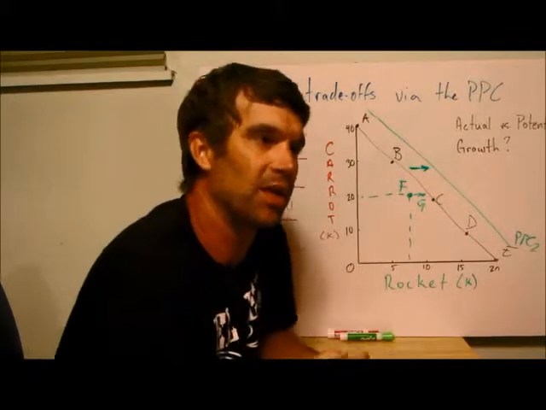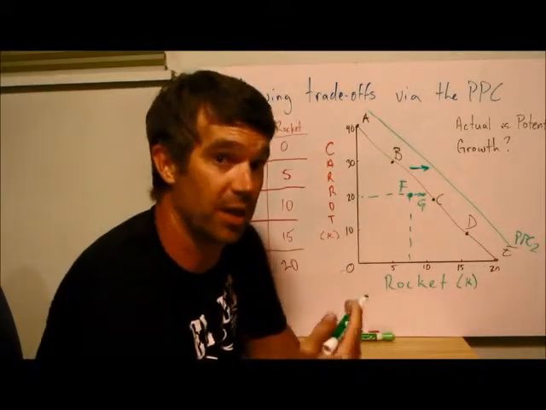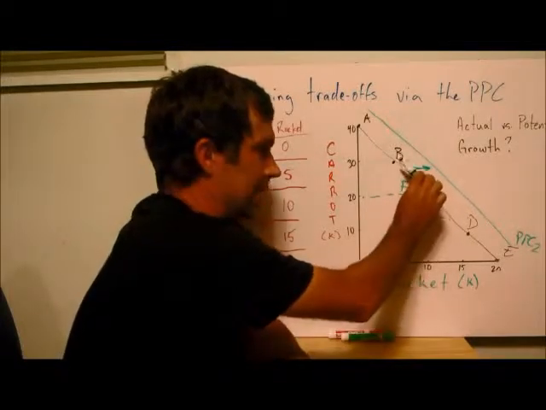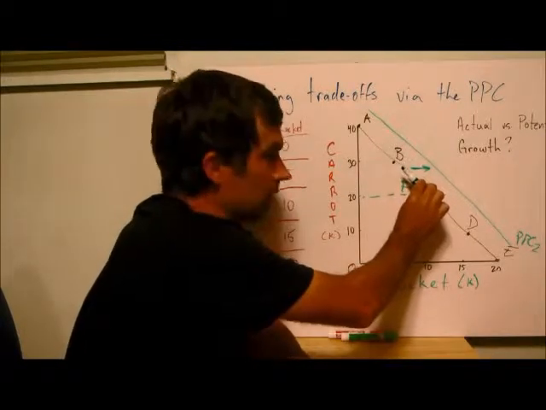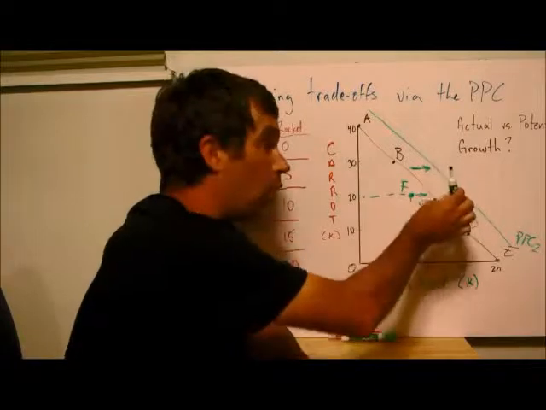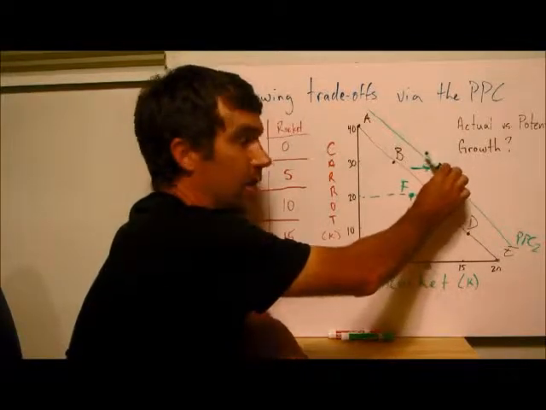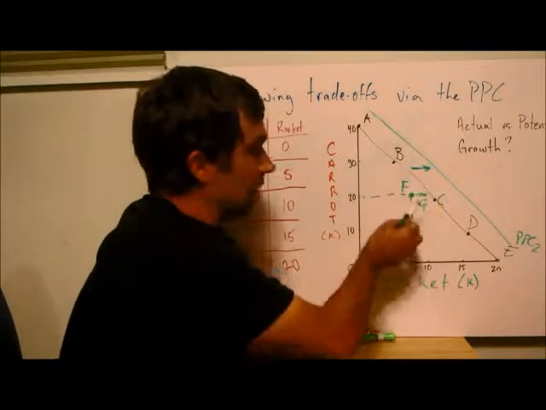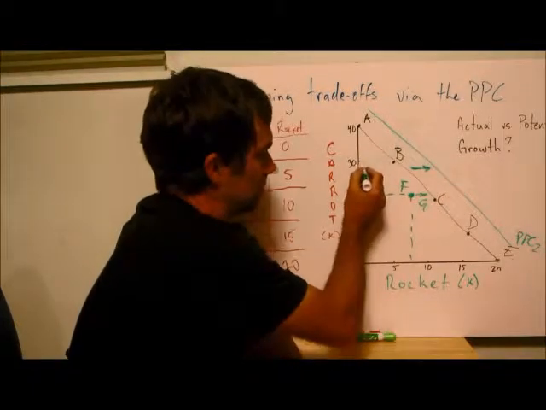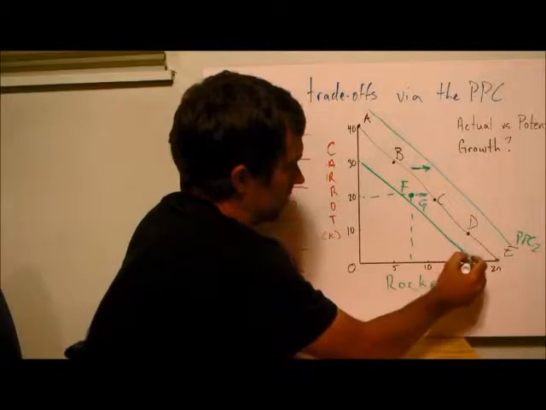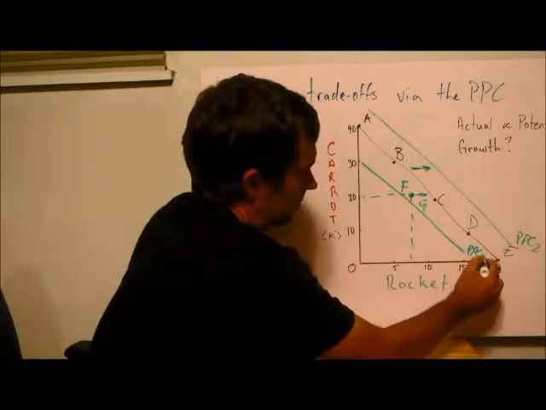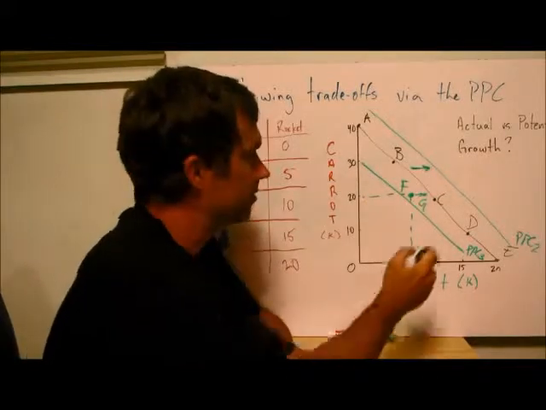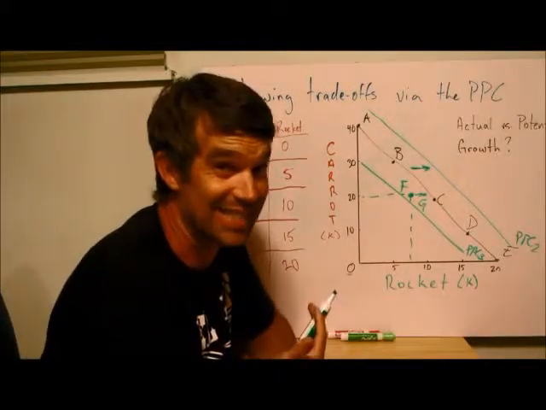So for example, on the quiz, when I asked you about training versus non-training for the athletes, you should have shown, depending on how you set it up, this would be not training, and by training, they shifted their PPC out. Or you could have said, well, here they are training, and if they don't train, their PPC is going to shift in. So likewise on this, a PPC there would be an inward shift, and this would represent that somehow our potential has decreased.